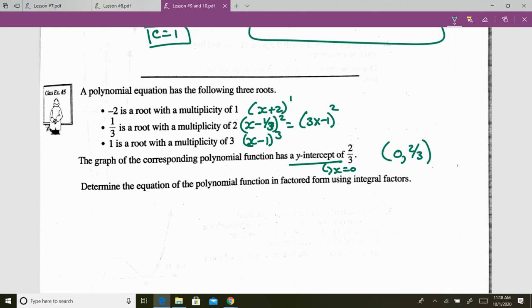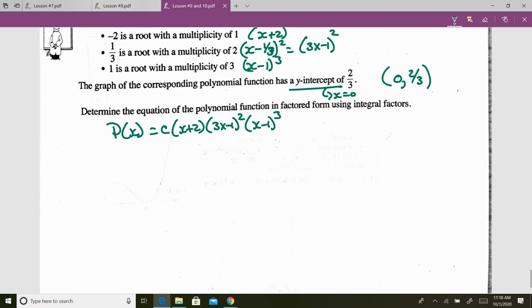All right. So we write out our general factored form. C times x plus 2, 3x minus 1 squared, x minus 1 cubed. Plug in our x, y points and solve it.